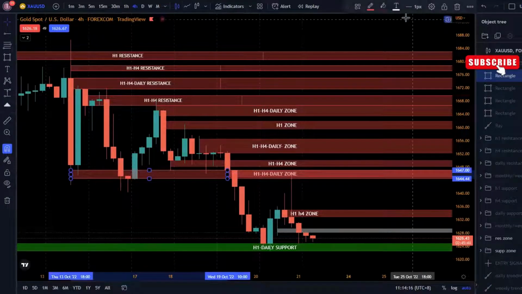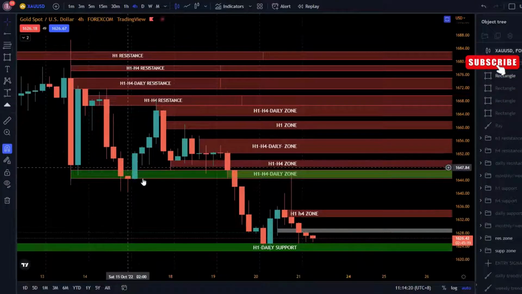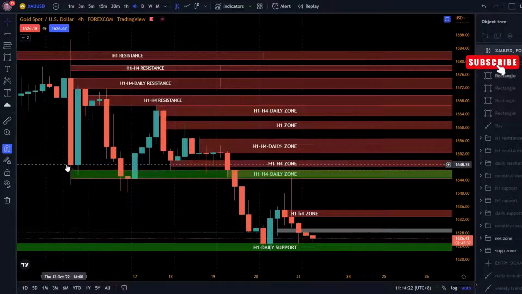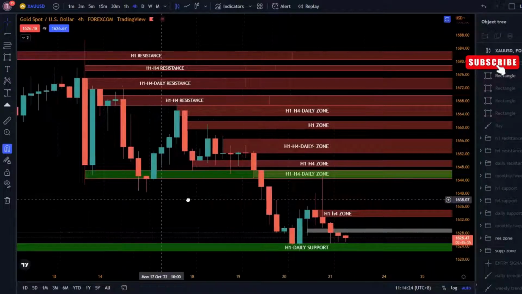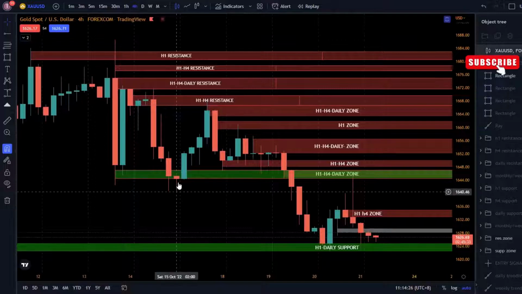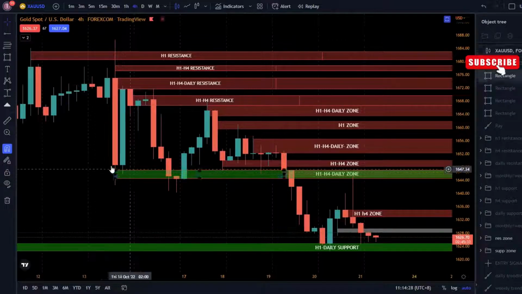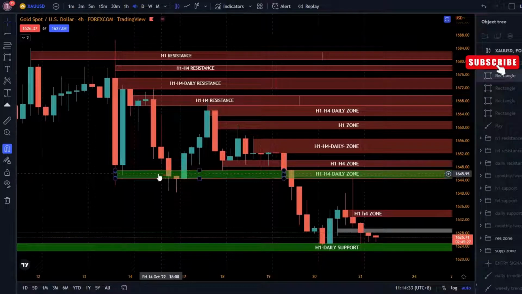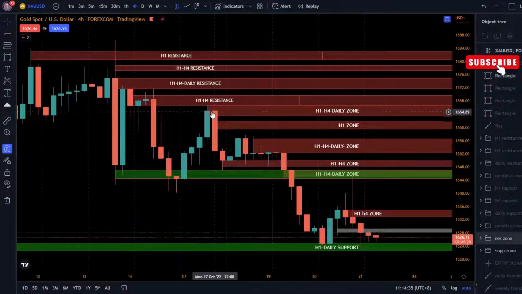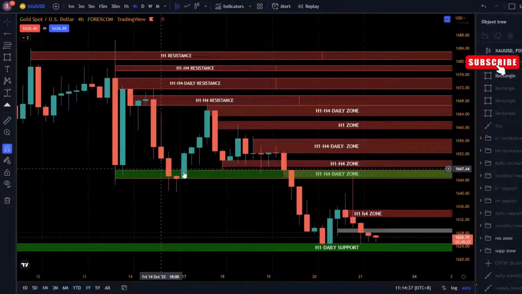I'll mark it as green candle. Okay. So this one is the support, but okay, we are on the H4 time frame. So this was the first support, this one. Then it tested again this one and it shot up. So this is a valid support.